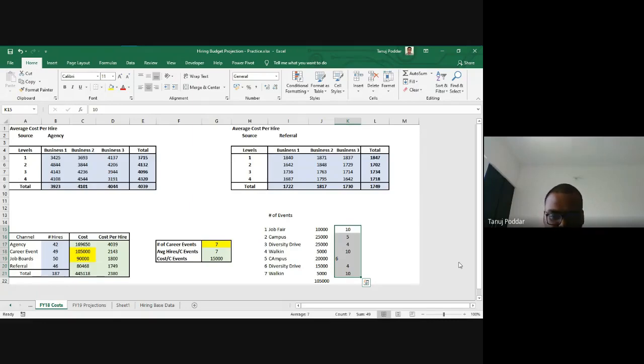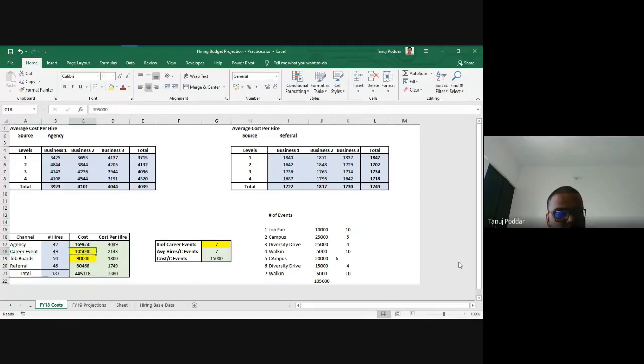So I have 49 hires. This is the data that I have against the different events, and I also have the cost associated with it. This could be the base data basis which I am populating the career events.